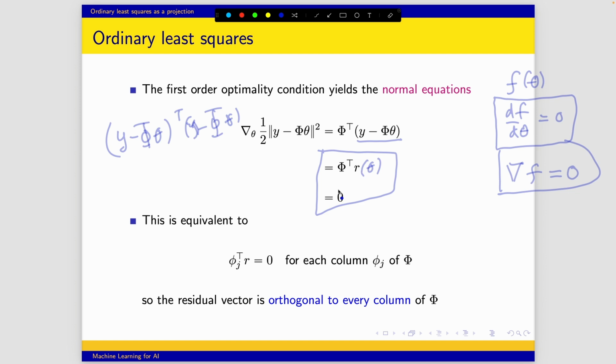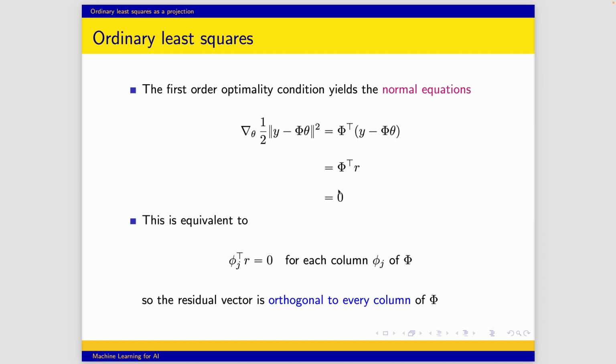Now what is this? What does this look like? Well, let's have a look. Let's try to remind ourselves of what phi is, our design matrix. The rows of phi will be psi at xj. So the jth row will be the vector of basis functions evaluated at xj.